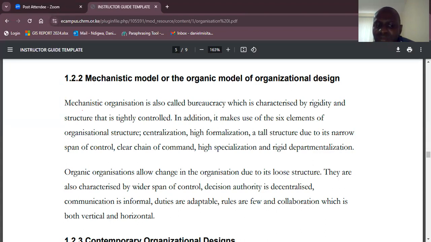Sometimes it might be very, very difficult when you are dealing with the bureaucracy structure, in the sense that when it comes to issues of change, it might take very long. But in organic structure, it becomes very easy to allow change.